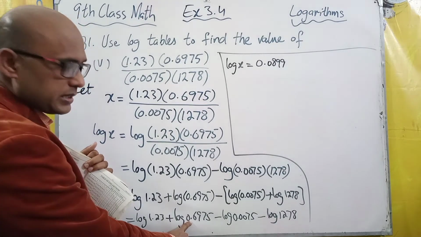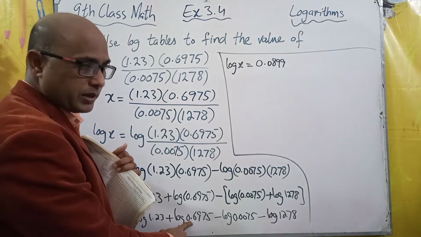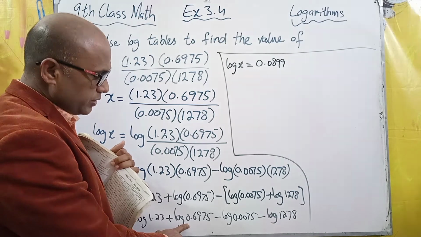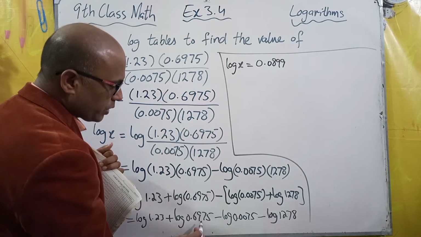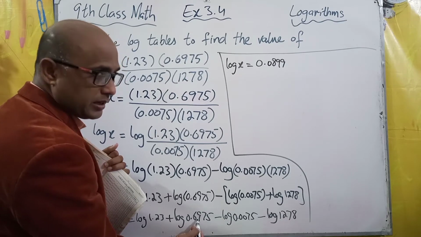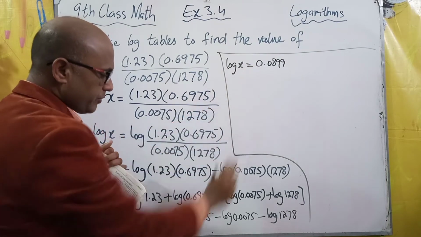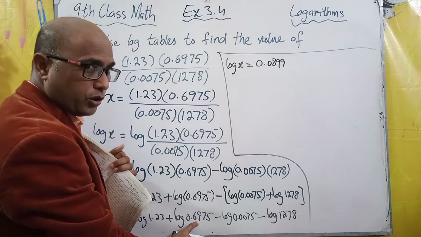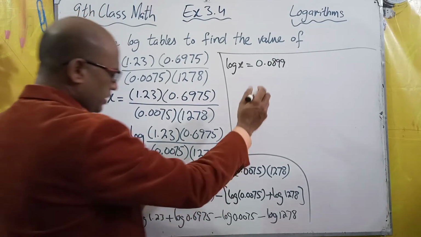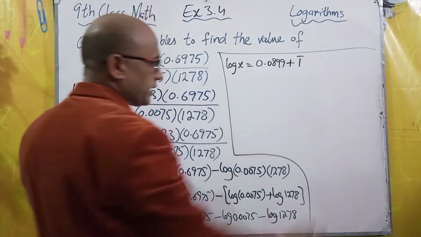Now let's find the logarithm of this number. First of all, see, there is one number before the decimal, but it is not a non-zero number, it is a zero. So if the point would be here, the characteristic would be 0, as we have written for the first number. But it is before the first non-zero number, so its characteristic would be -1.